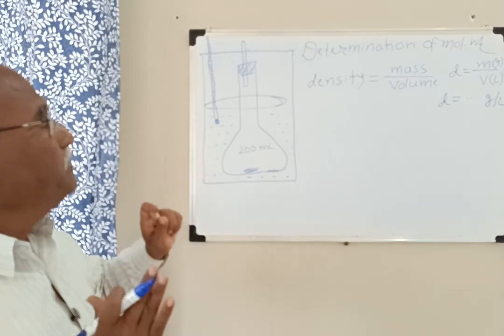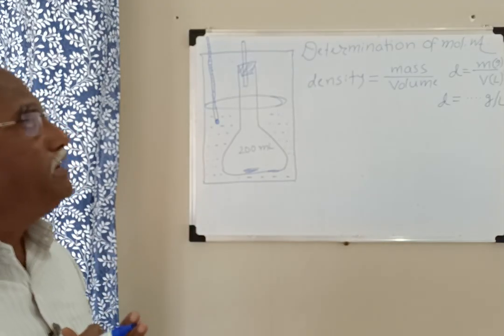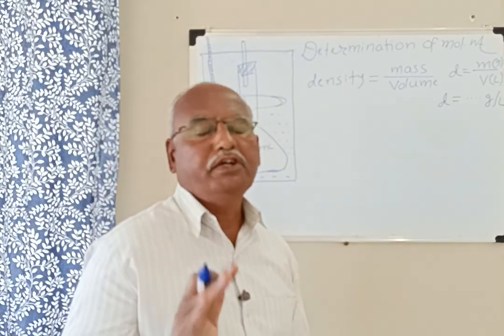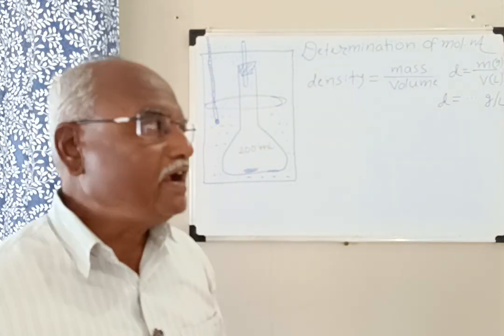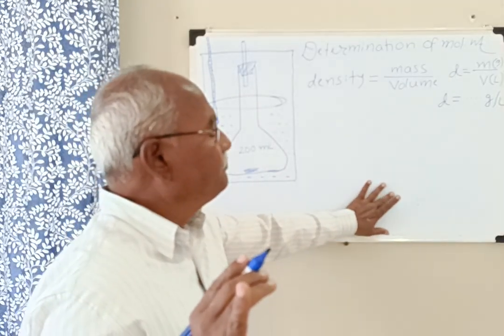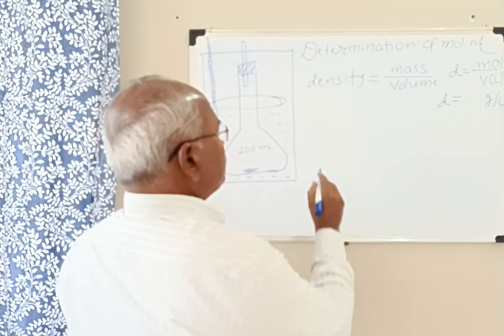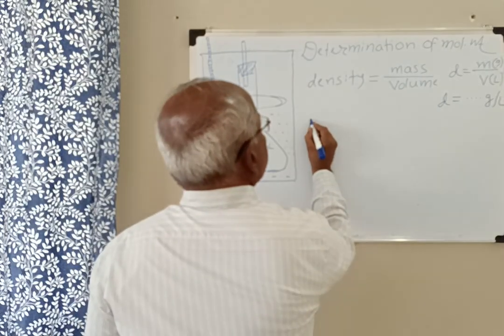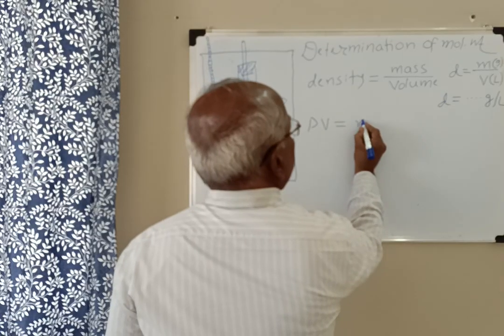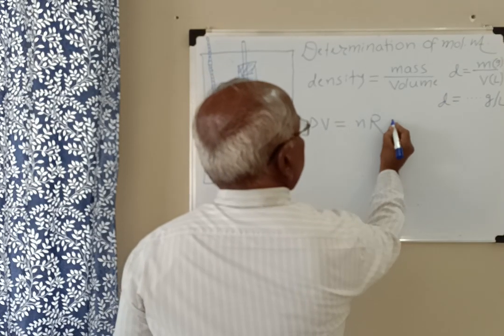We are going to study how to determine molecular weight of volatile liquid. Before that, I want to derive one simple formula. You know that PV is equal to nRT.